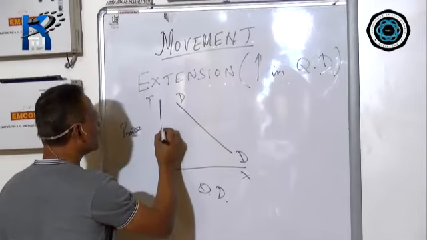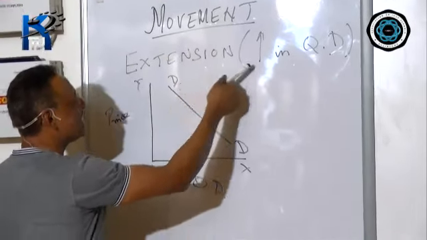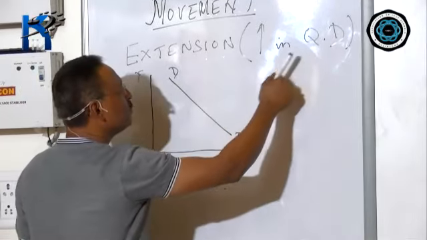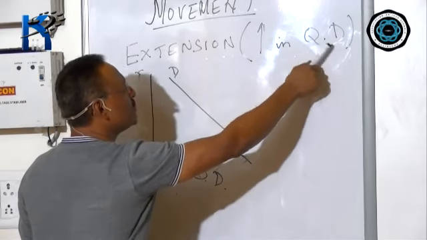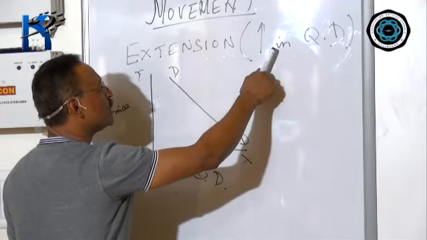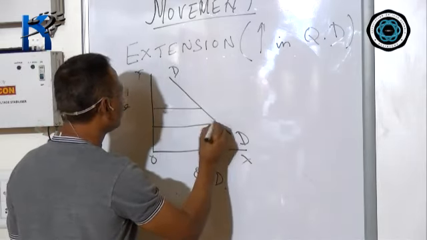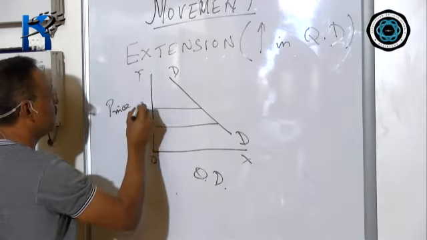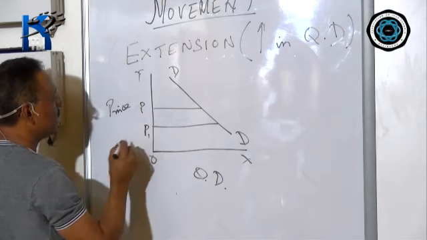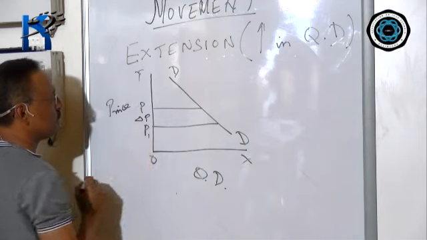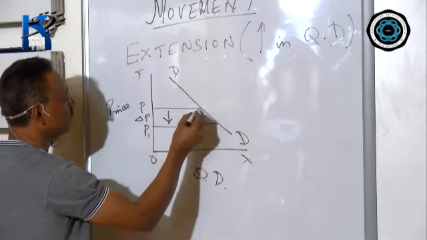Okay, so extension. Extension means increase in quantity demanded. If you want an increase in the quantity demanded, what should happen to the price? Price should fall. Price was P, now it is P1. Delta P is the change. Price falling.